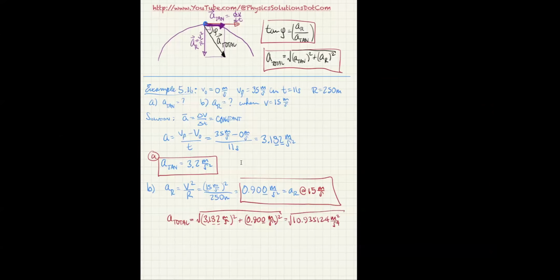Now, technically, we were only good in the whole numbers places, so all of these are not sig figs. But now I can take the square root of this number by raising it to the 0.5 power, and I get A total is equal to 3.307 meters per second.